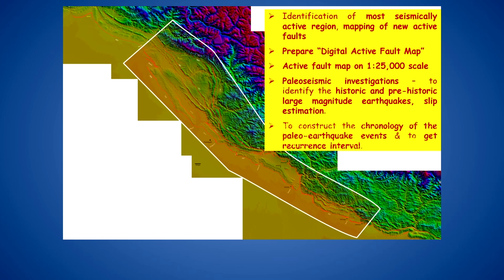We were not able to completely do the paleoseismic investigation of the hinterland fault sites, but mostly we tried that a few hinterland faults along with the frontal faults were covered, and we were able to do the paleoseismic investigation in this area. The idea behind this is again to prepare a digital active fault map, and hopefully in a couple of months we will be publishing an active fault atlas. That will be the first active fault atlas in India from the Himalayan region.